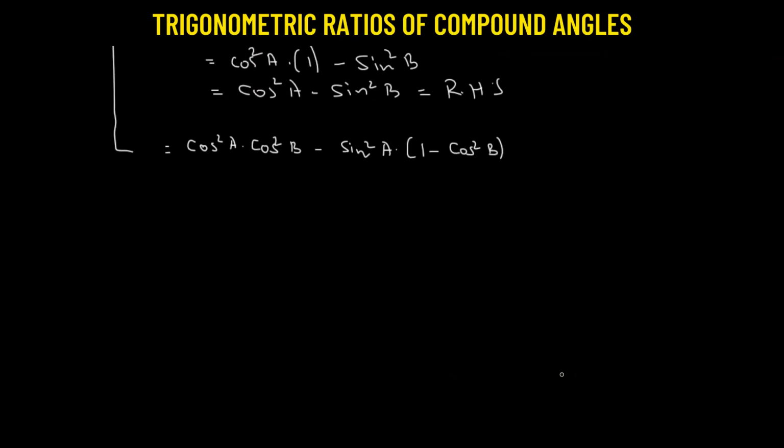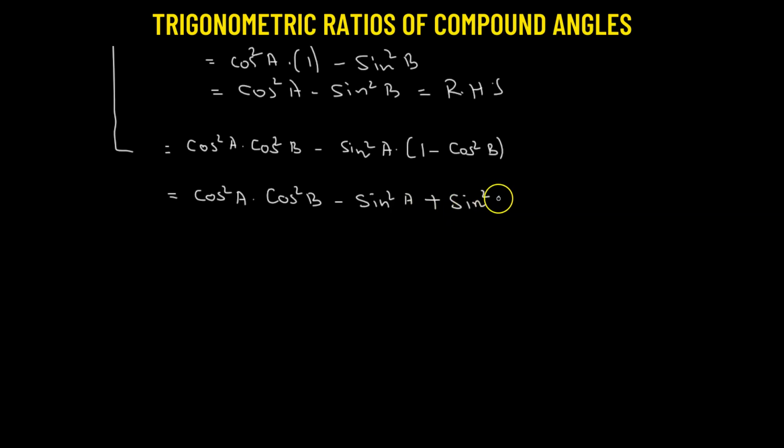Let's further simplify this. We will get cosine squared a times cosine squared b minus, so sine squared a times 1 will be sine squared a. Then we have sine squared a times negative cosine squared b, so we get negative sine squared a times cosine squared b, but we also have a negative multiplied to it, so that becomes positive.